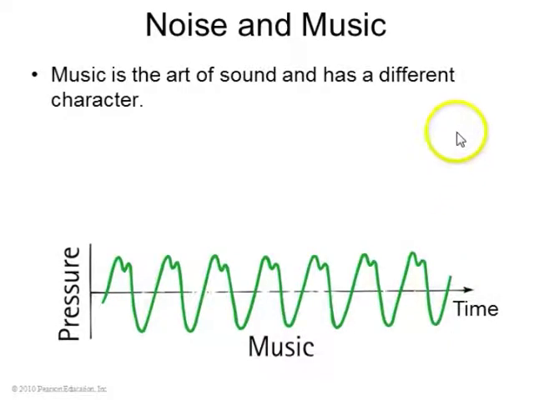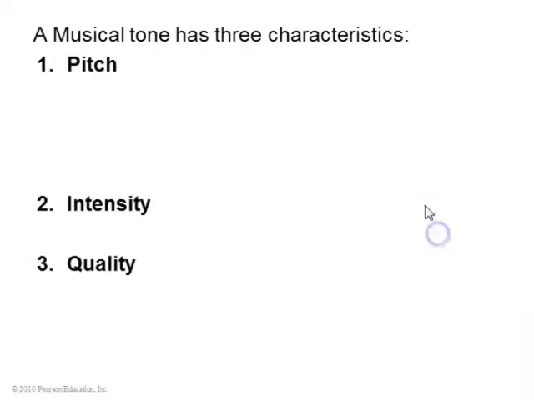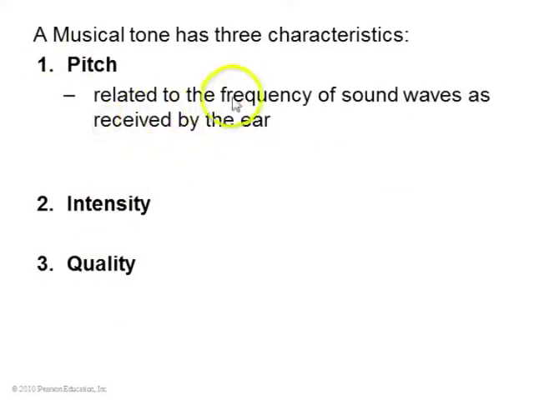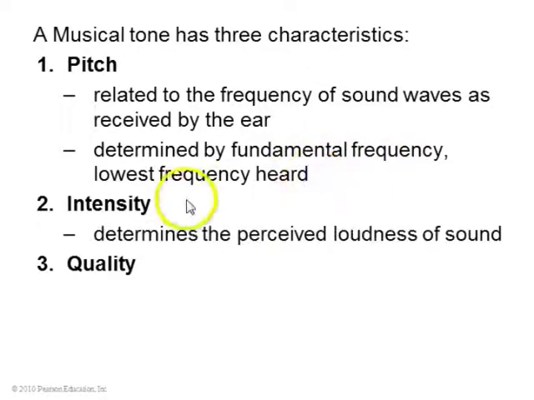Music is the art of sound, and musical sounds have a rather periodic and pleasant-looking plot of pressure versus time. A musical tone has three characteristics: pitch, intensity, and quality. Pitch is related to the frequency of the sound waves, and it's determined by the fundamental frequency, the lowest frequency you hear.